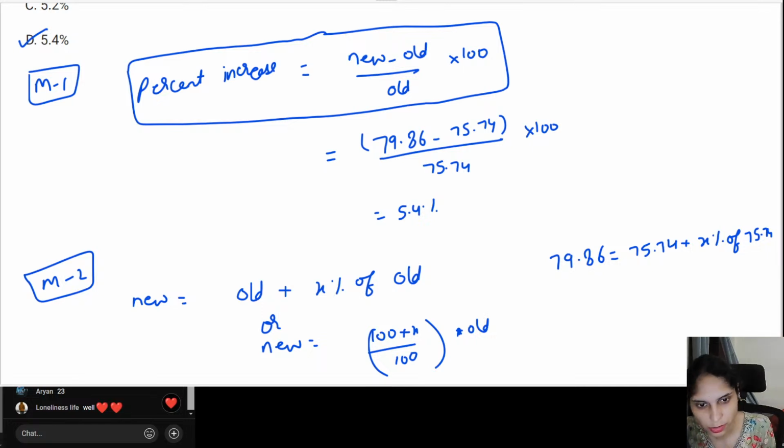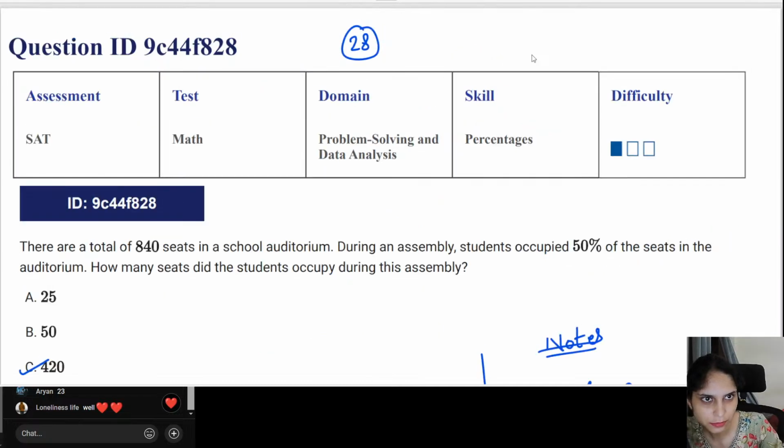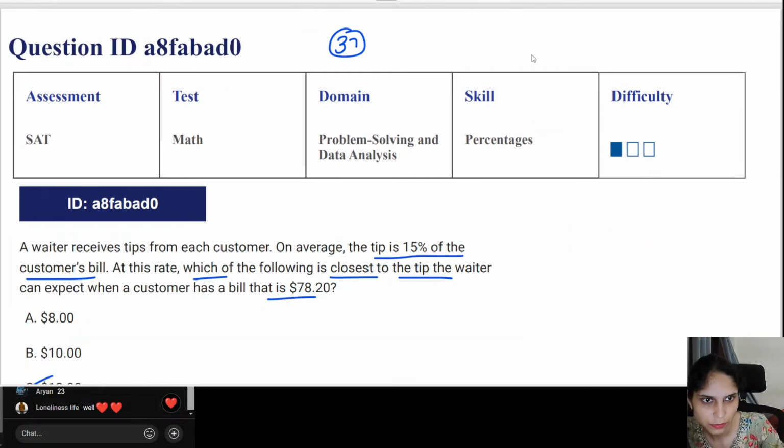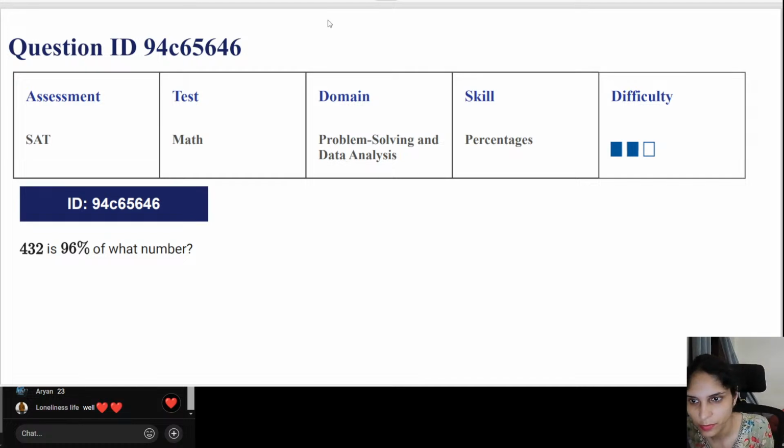Next is question number 39. After 27, directly it's 39. 432 is 96% of what number? 432 is 96% of what number means x?